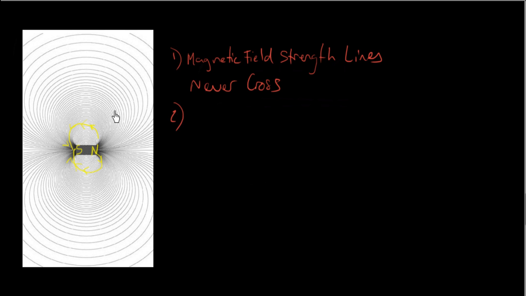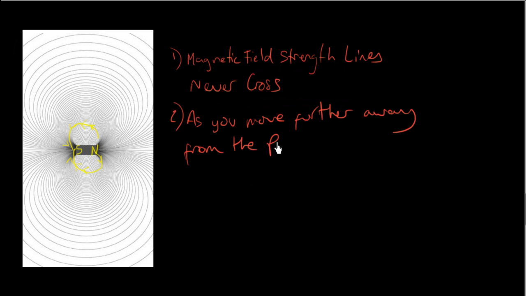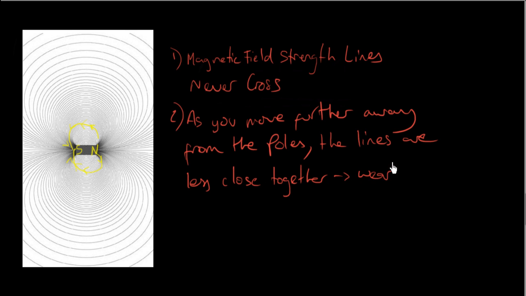Another thing is the density signifies the strength of the field, so as you move further away from the poles, the lines are less dense, less close together. So this means weaker magnetic field strength. So that should make sense.